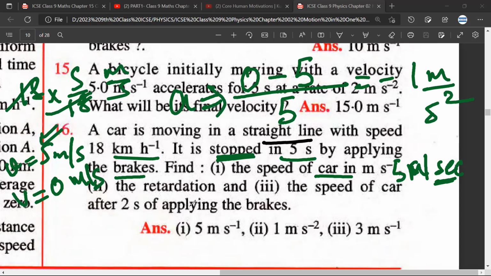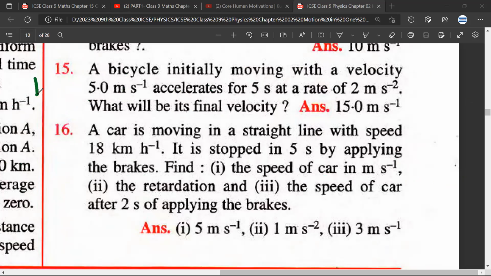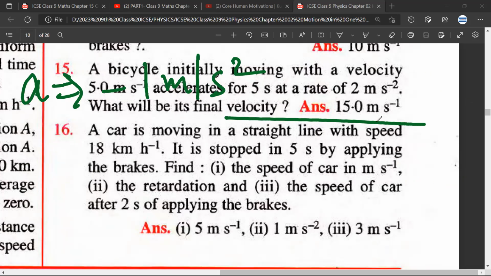Now, the speed of the car after 2 seconds of applying the brake. See, what we need to understand is that the retardation that we need to take would be the constant retardation of 1 meter per second square. Is there any doubt? No. See, what has happened to the car is that the car was traveling at 5 meter per second.